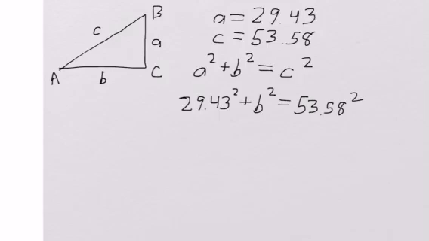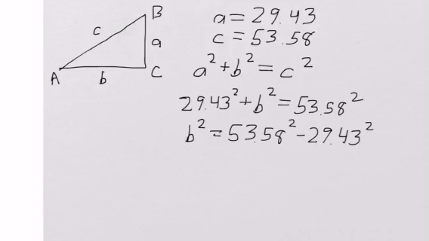I can subtract the 29.43 squared and obtain b squared is equal to 53.58 squared minus 29.43 squared. And then I can take the square root of both sides.